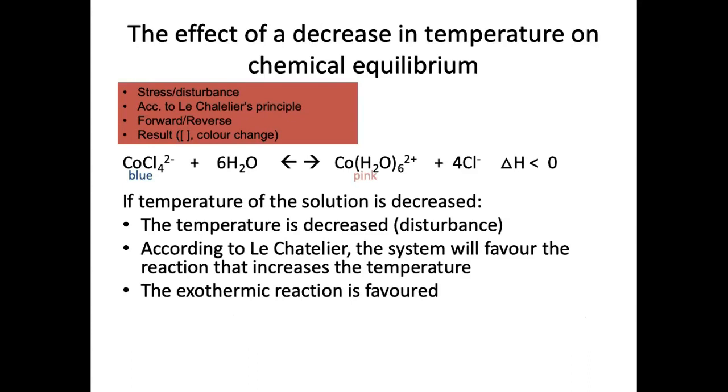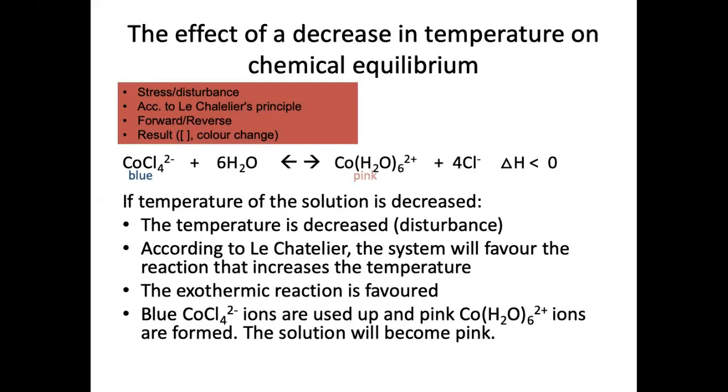before I do that, when we come to temperature, the effect of a decrease in temperature and an increase in temperature, all right? What you should know is that an increase in temperature increases the rate of both the forward and the reverse reaction, and a decrease in temperature decreases the rate of both.